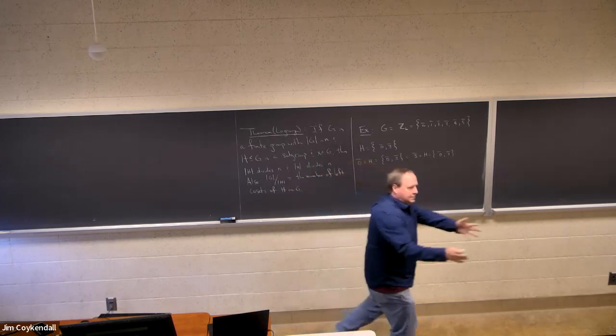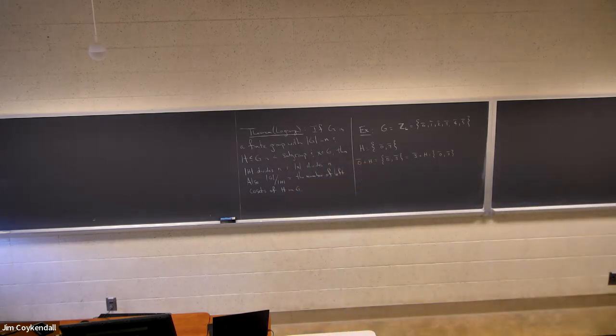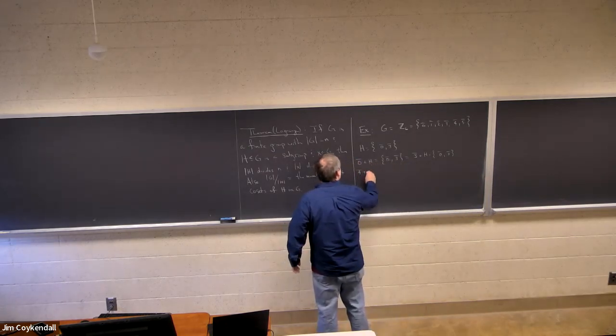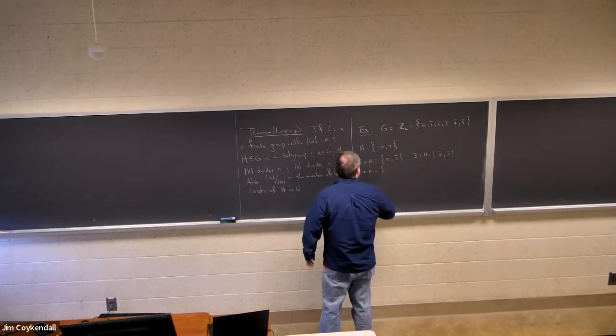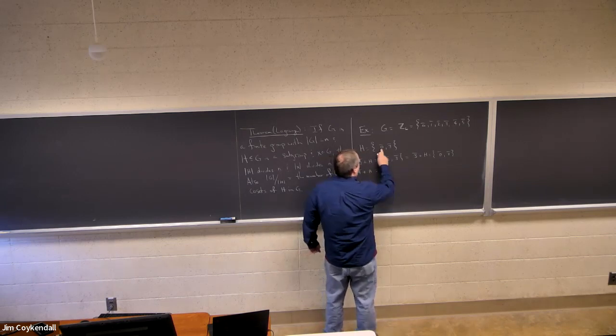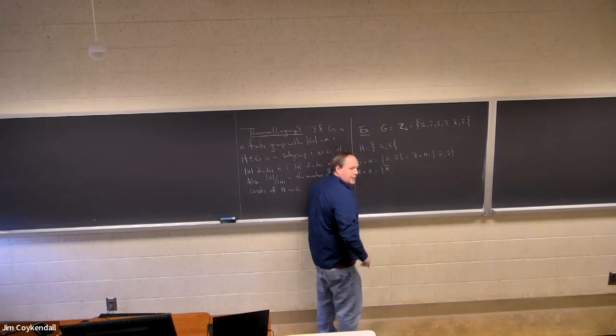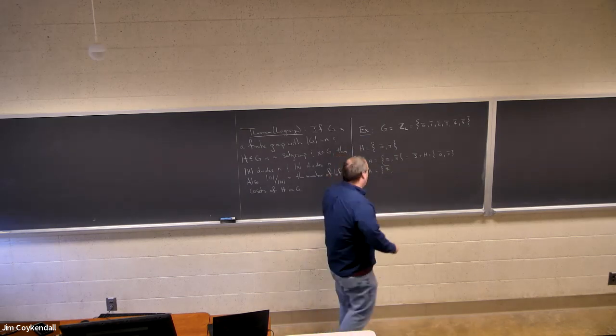Okay. Give me another element in the group. Not 0, 3. Okay, how about 4? Let's see what this one is. 4 bar plus 0 bar is 4 bar. 4 bar plus 3 bar is 7 bar, which is back to 1 bar.